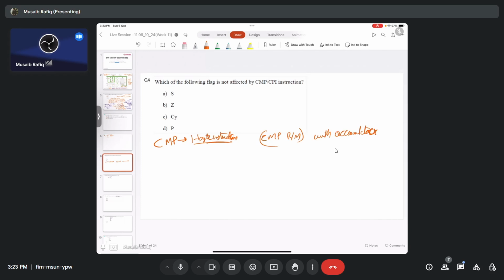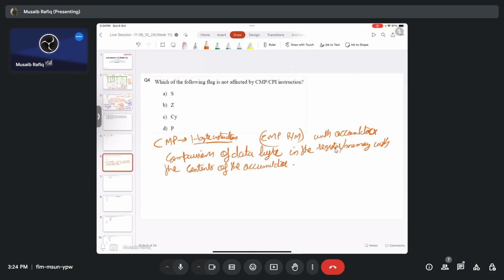It compares the data byte in the register or memory with the contents of the accumulator, right?